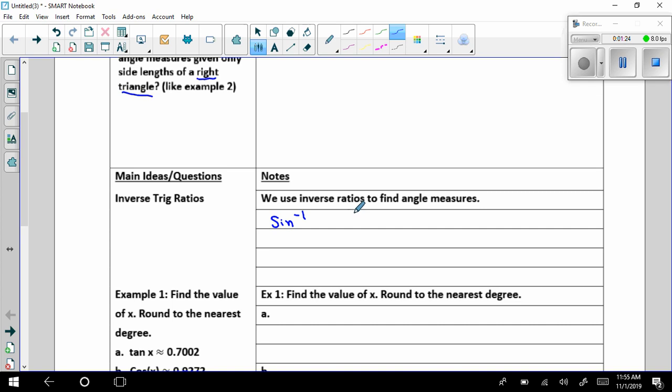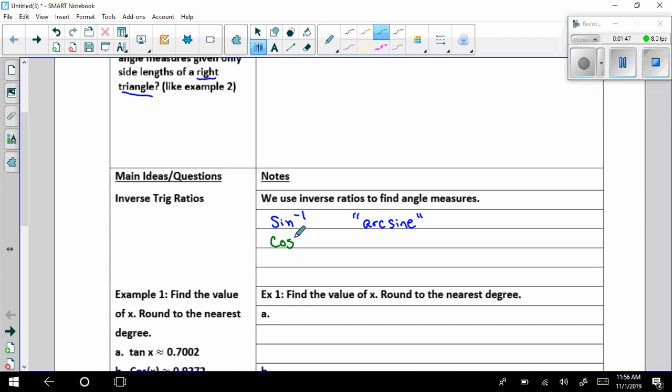So sine to the -1 you'll see on your calculator is above the sine button, so you'll have to hit the shift to get it to go there. But it means arc sine. Okay, so the arc sine of a number. And so that's the case with all of these.